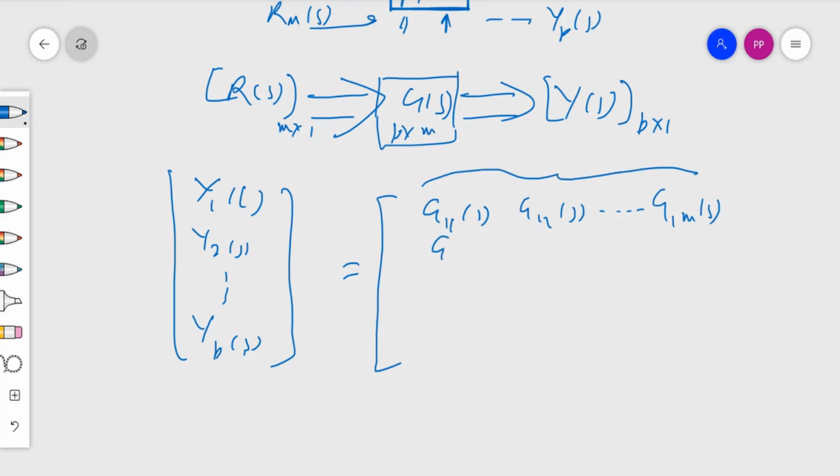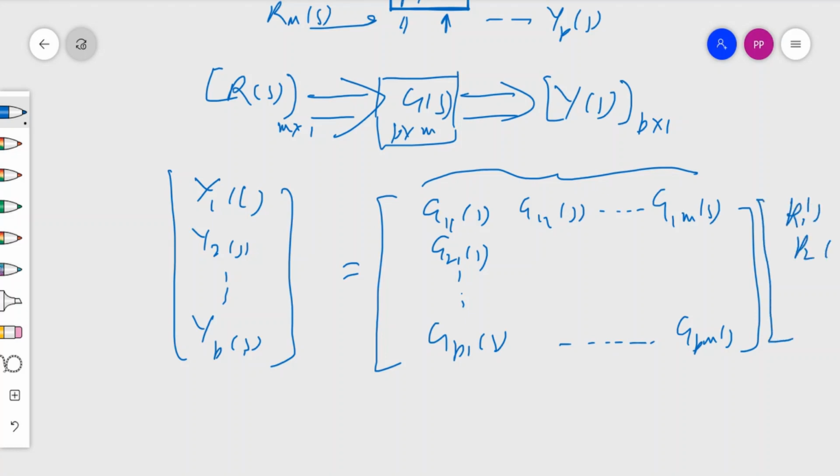So similarly, we have g21s up to gp1s, because there are p outputs, so eventually it will go up to gpms. So this transfer function matrix should have input as r1s, r2s, and up to rms. This is the input vector.